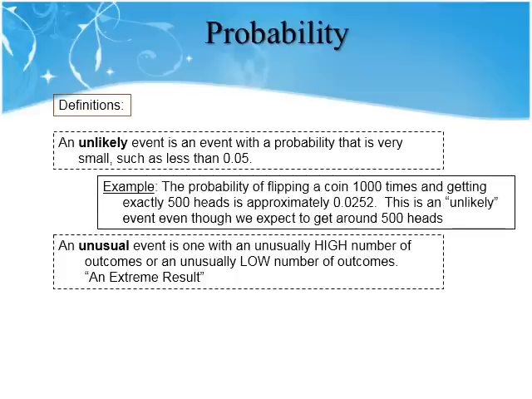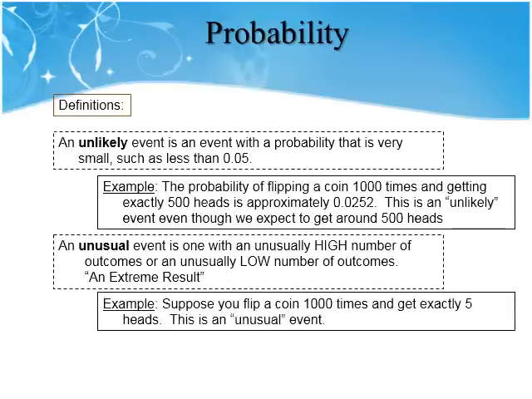The probability of flipping a coin 1,000 times and getting exactly 500 heads is approximately 0.0252. This is an unlikely event, even though we expect to get around 500 heads. So since we expect to get somewhere around 500 heads, we wouldn't call this unusual, because 500 is not an unusually high or unusually low number of heads. But the probability of getting that exact number is unlikely.